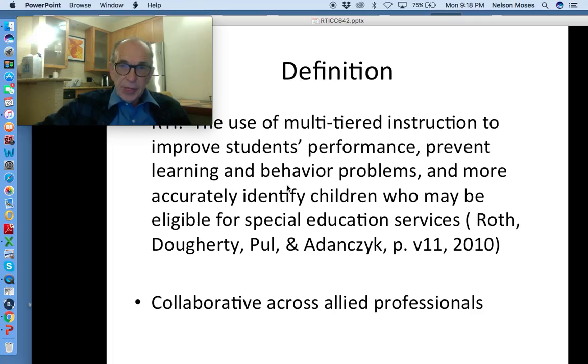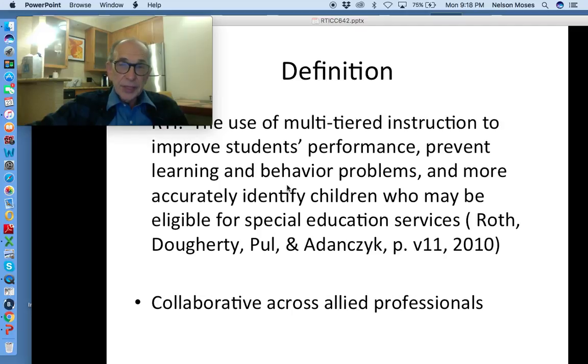Now, RTI, response to intervention, what does that mean? It means the use of what's called multi-tiered instruction to improve students' performance, prevent learning and behavior problems, and accurately identify children who may be eligible for special education services. It's a collaborative approach.